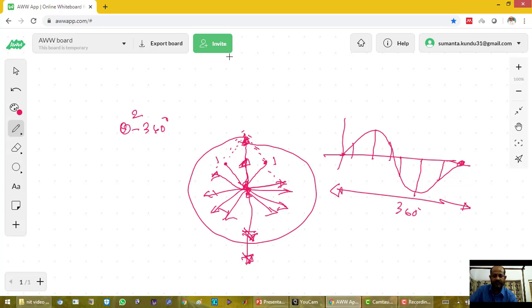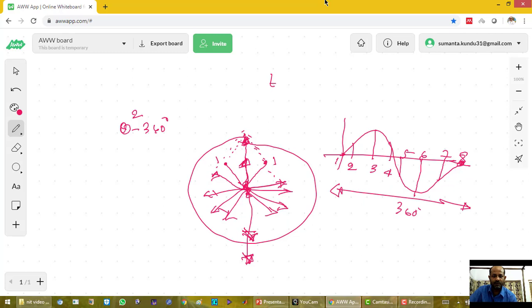So one thing we can conclude from here, which we also mentioned in our lecture class when we described pulsating flux: the magnitude is changing, but it is stationary in position. So if we take this position as T1, this is T2, this is T3, 4, 5, 6, 7, 8 and so on.